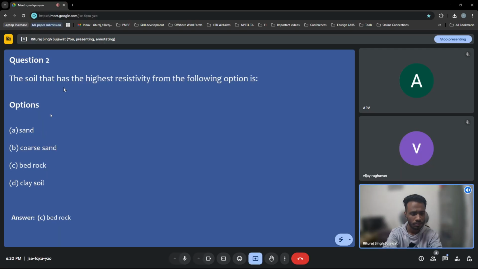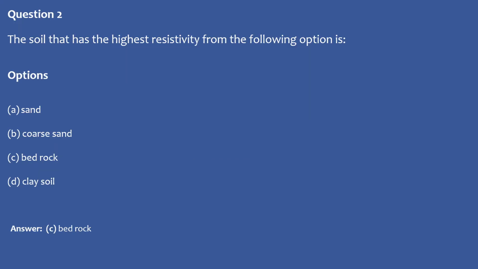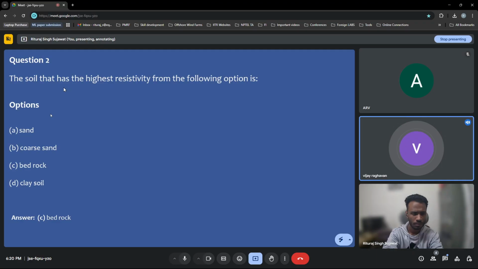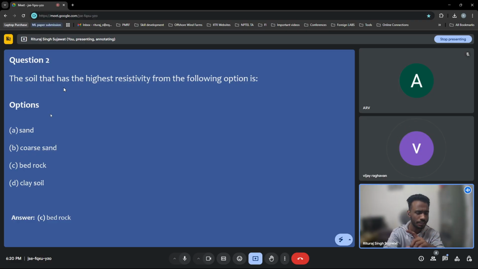Any doubt in this, Vijay? Clear, sir. Okay. This resistivity means penetration, some wave penetration? Resistivity. Yeah, so basically for measuring the medium properties, we take the voltage difference.